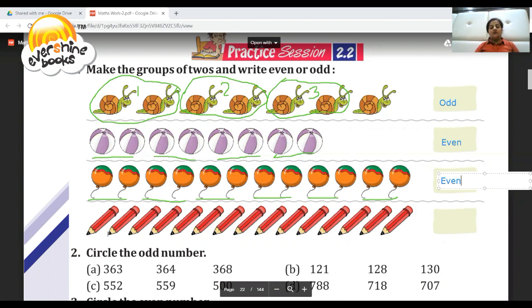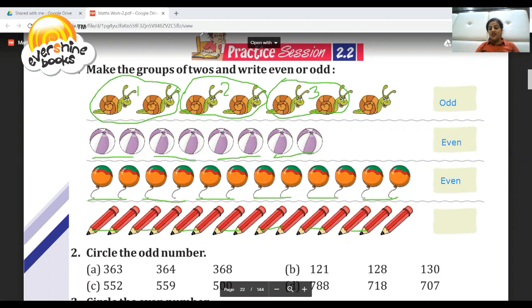Now we are going to write whether the pencils are in pairs or not, whether they are even or odd numbers. Just check it. 1, 2, 3, 4, 5, 6. Or we can make one line and make the pairs directly also, like this. One pair, two pairs, three pairs, four pairs, five pairs, six pairs, seven pairs.